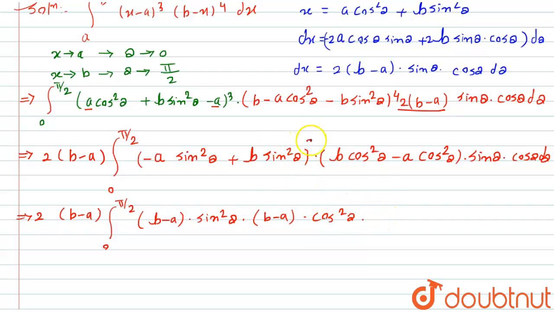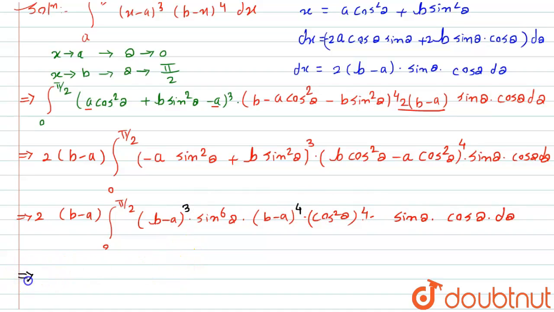One correction: this is cube, and this is raised to 4, so it will become sin raised to 6 theta and cos raised to 8 theta, or we will say (cos square theta) raised to 4, into sin theta cos theta d theta. (b minus a) cube will come out, and here it will be (b minus a) raised to 4.